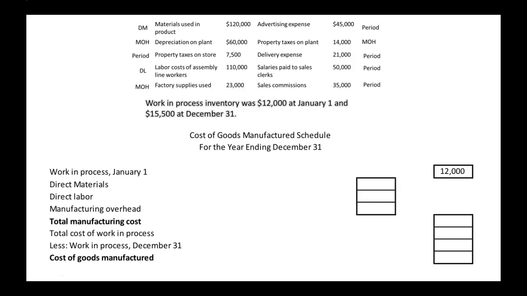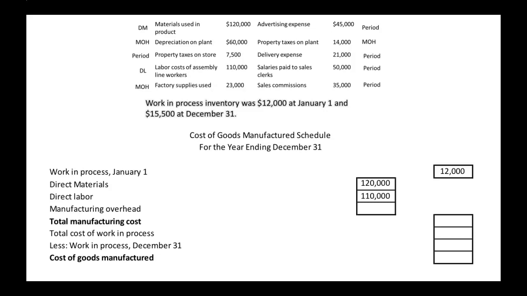Well, we go back up to all of our costs at the top of the screen, and we only labeled one as our direct materials. That was our materials used in the product. So that 120,000 goes into your direct materials. Now, direct labor. We only labeled one cost as direct labor as well, your labor costs of assembly line workers. So that 110 goes into your direct labor.